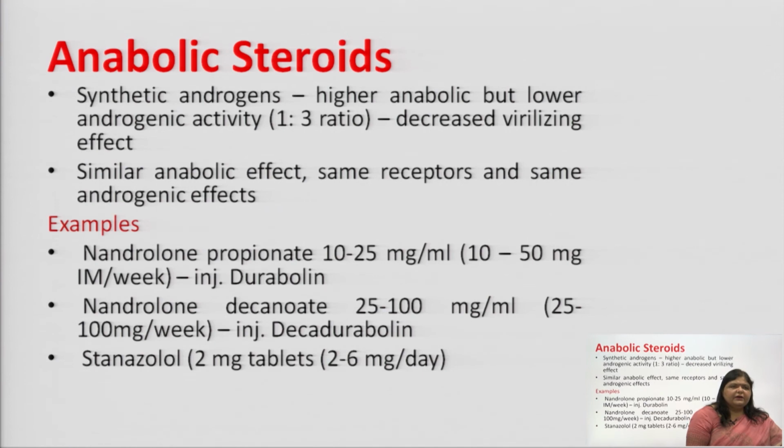These anabolic steroids act on the same receptors, that is the androgenic receptors. They have the same androgenic and anabolic effects as we talked about for testosterone, but these are synthesized in such a way that they cause less androgenic effects.